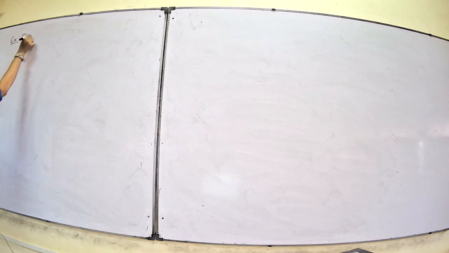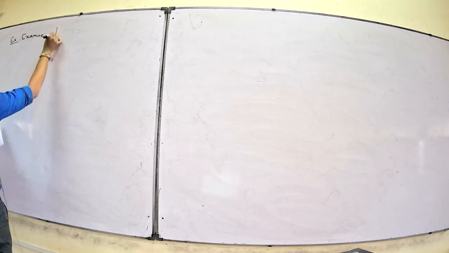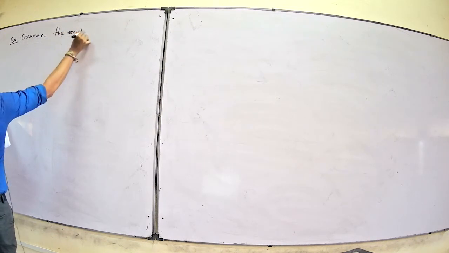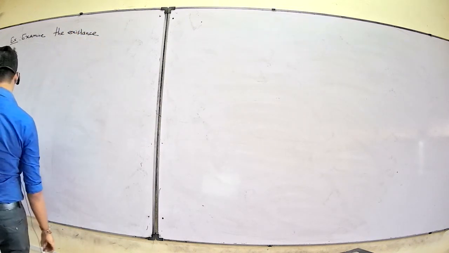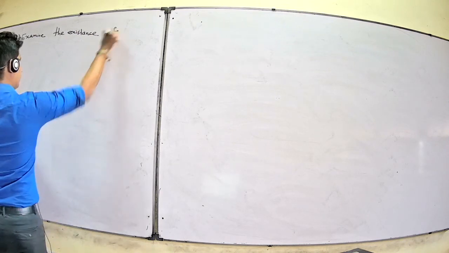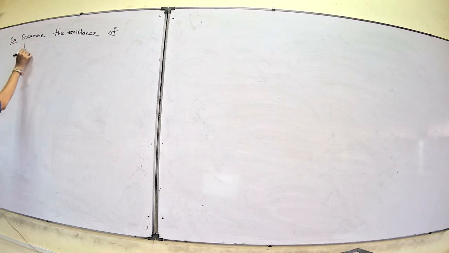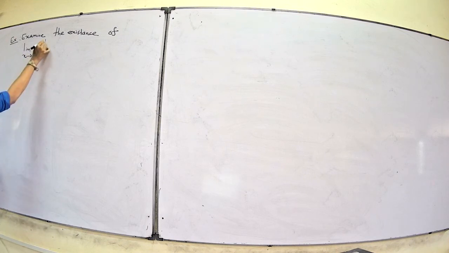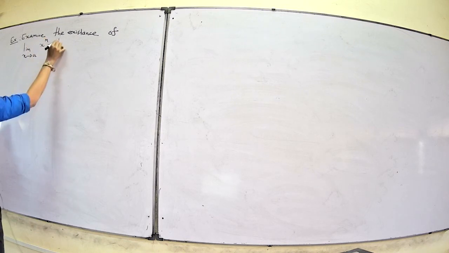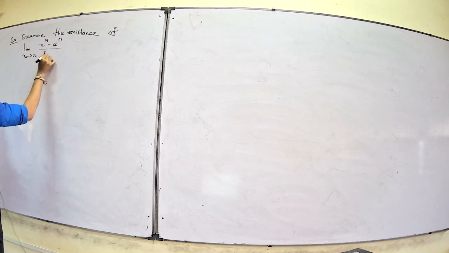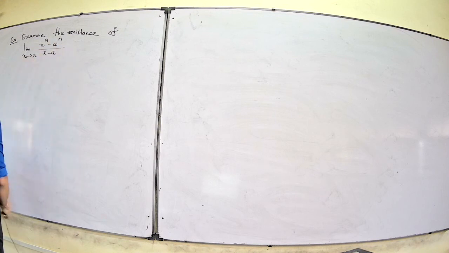Examine the existence of the limit as x tends to a of x power m minus a power m over x minus a. Here also you want to check the left limit and right limit, both are equal, and then you consider the limit exists.